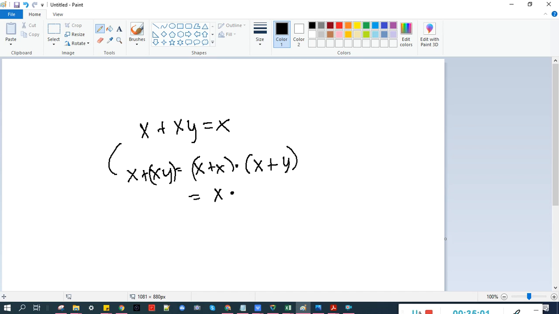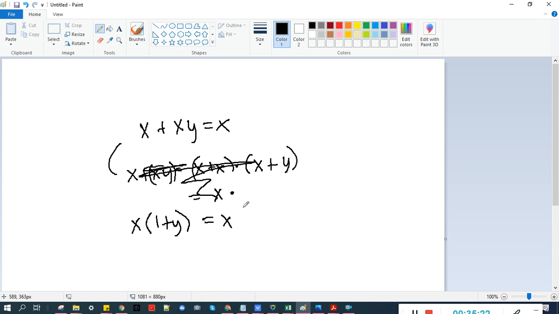Wait. Okay. By distributive property, we can write it down as x times 1 plus y.